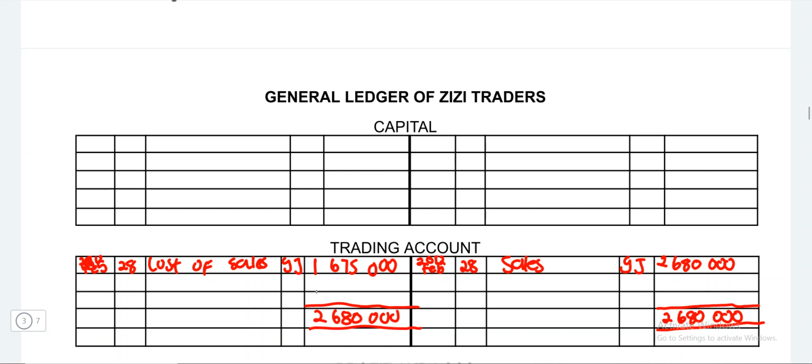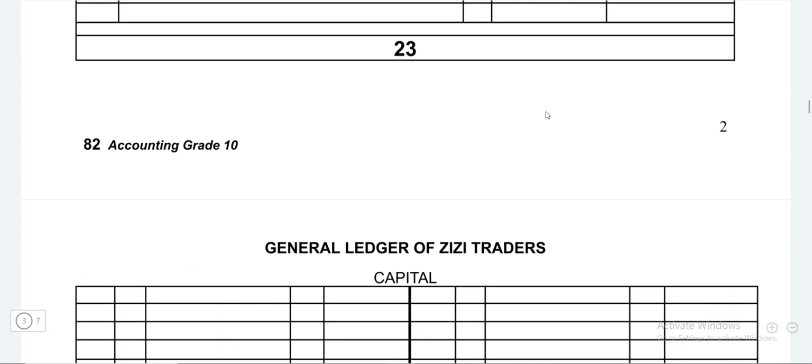If we make a profit, the profit and loss will be written on the debit side of a trading account, so meaning that you can see this side is more than this side, so we're going to have profit and loss here. And this is from the general journal. Remember that difference that we had there of one, how much was it?